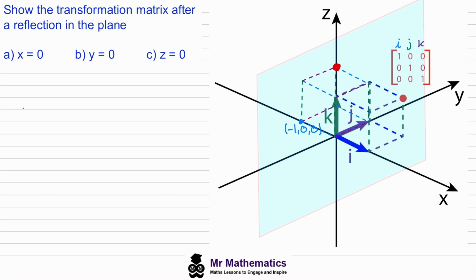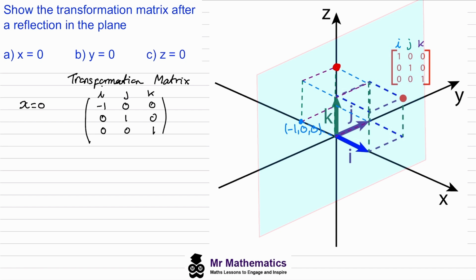So when we perform a reflection in the plane x equals 0, the transformation matrix will be the reflected I, which has coordinates -1, 0, 0, and the J and the K coordinates of 0, 1, 0, and 0, 0, 1.